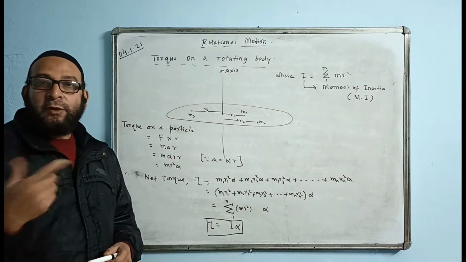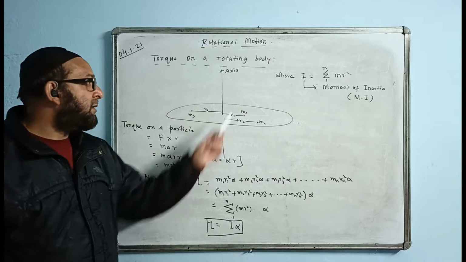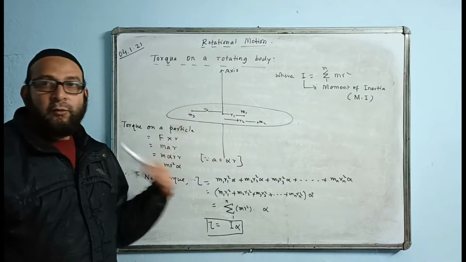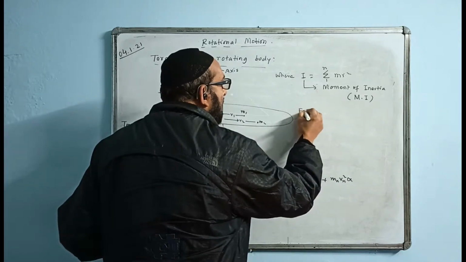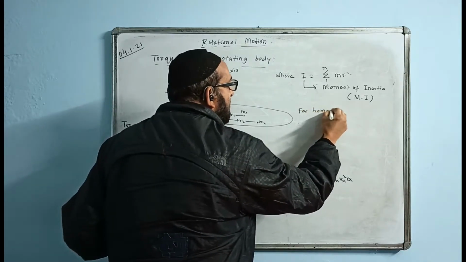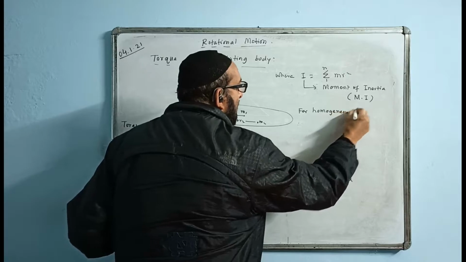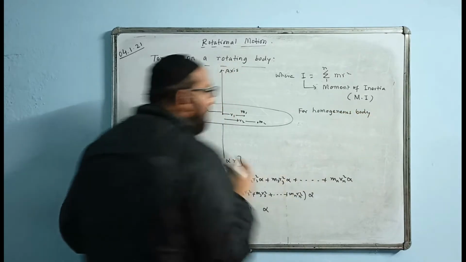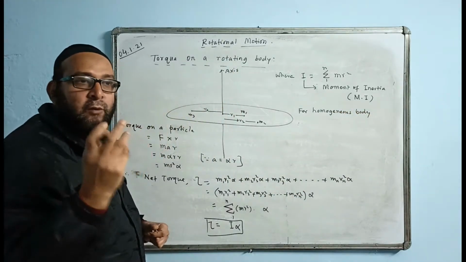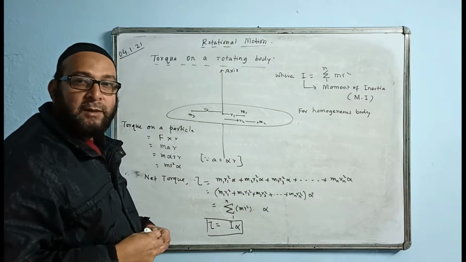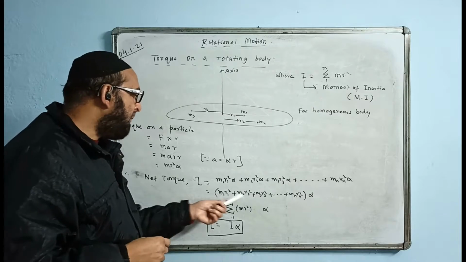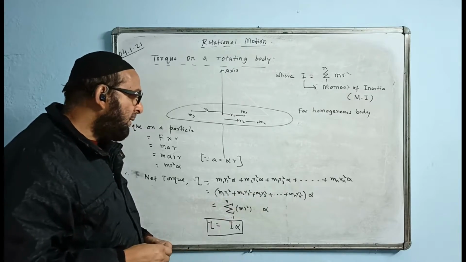For a homogeneous body, what is the meaning of homogeneous body? It is a body having almost equal masses of the particles, so m1, m2, m3, m4 are all equal.